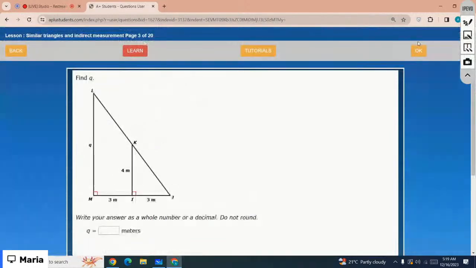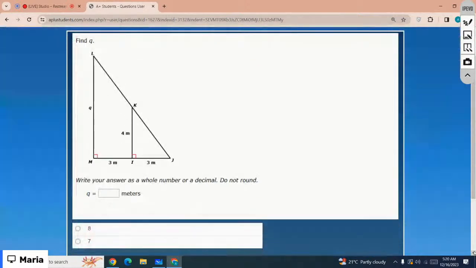Okay, what is Q? Which is the correct option? See how easy they are, right? You just need to understand the concepts. So, which is the yes, very good. The correct option is 8.